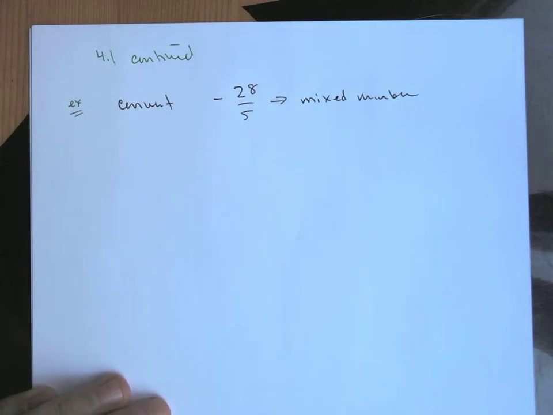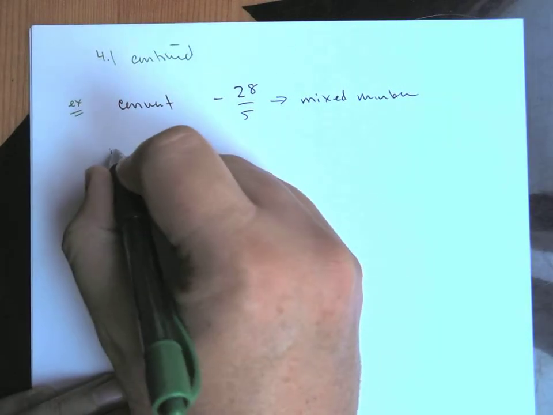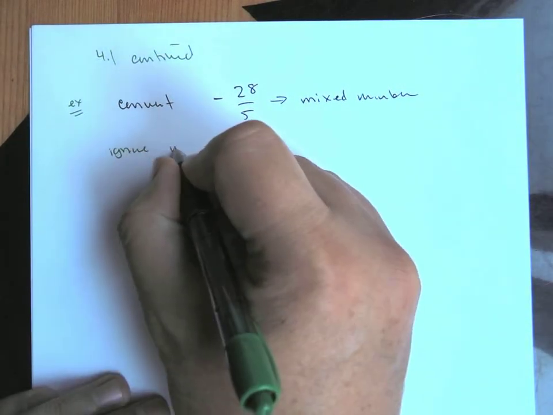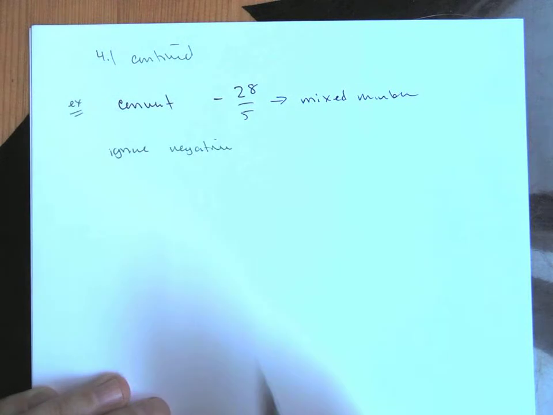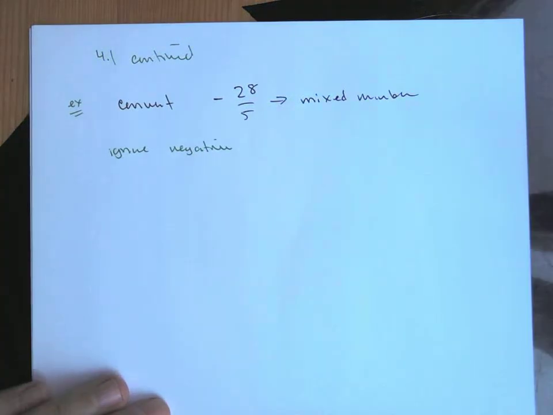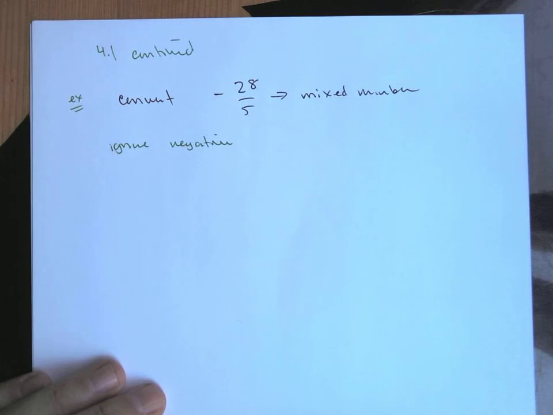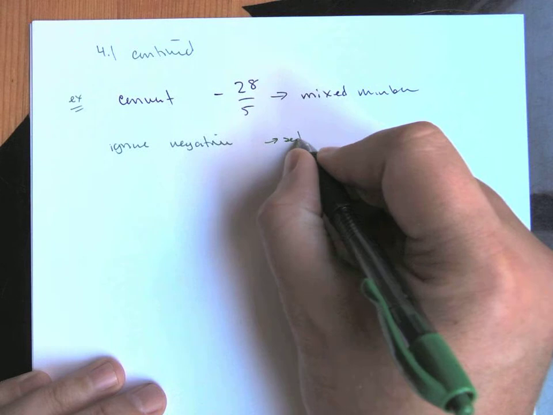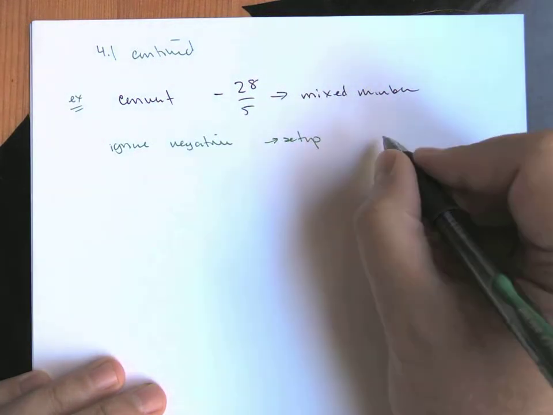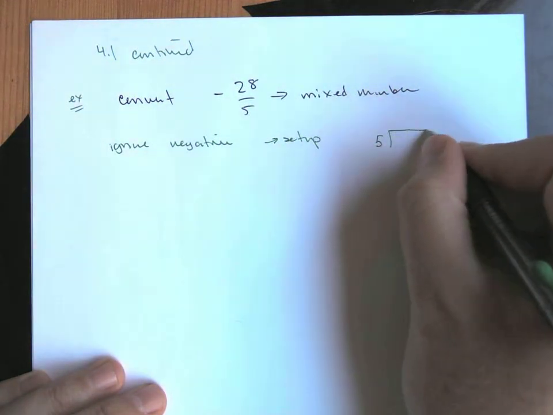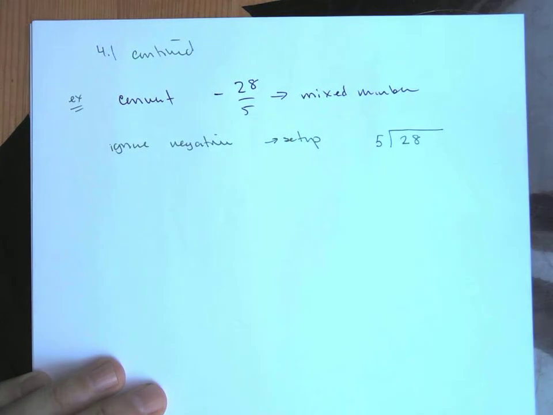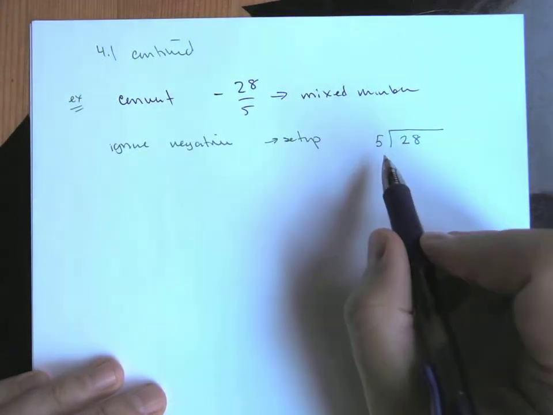I'm essentially going to ignore the negative. The final answer will still be negative, but as far as actually doing the division, it doesn't matter if I have a negative or a positive. The steps will be the same. So I'm just going to set up 28 divided by 5, so 5 going into 28. Our final answer will still be a negative.